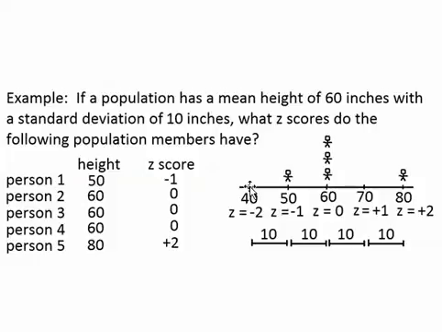Also, if we extended the number line in this direction, eventually we would get to a height of 10 inches, which would be a z-score of -5. That would be pretty far below the mean. So basically, a person who has a big positive z-score is far above the mean, and a person who has a big negative z-score is far below the mean.